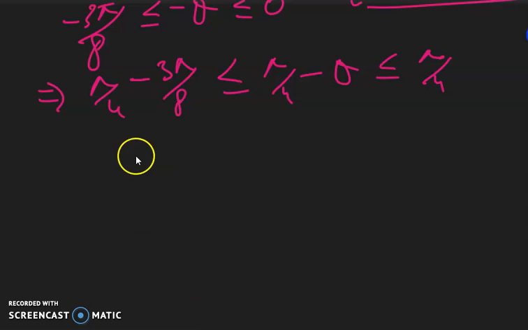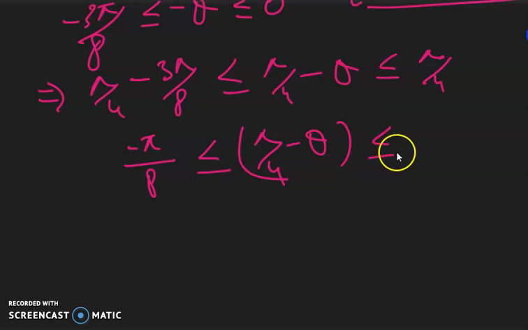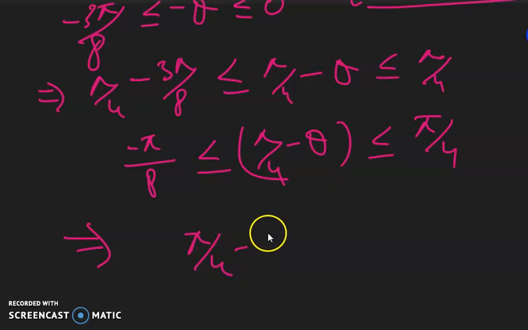We have just proved that pi by 4 minus 3 pi by 8, taking the LCM 8, becomes minus pi by 8, is less than or equal to pi by 4 minus theta, which is less than or equal to pi by 4. So what did I get? Minus pi by 8 is like half of pi by 4, so negative. This simply means our angle pi by 4 minus theta is in this range.